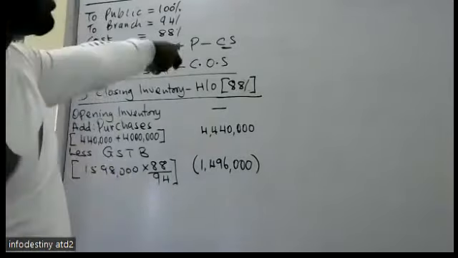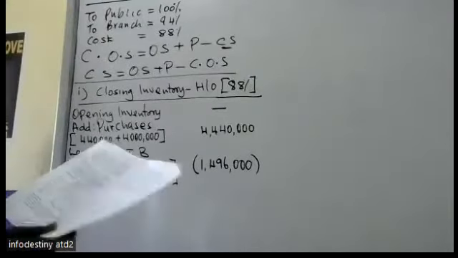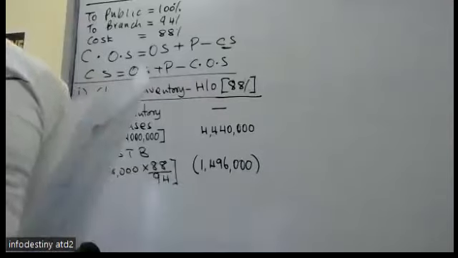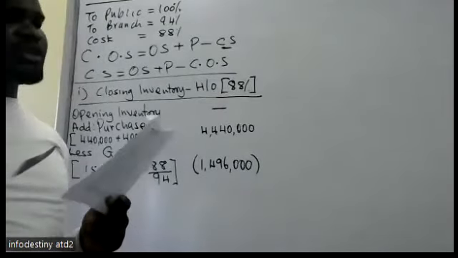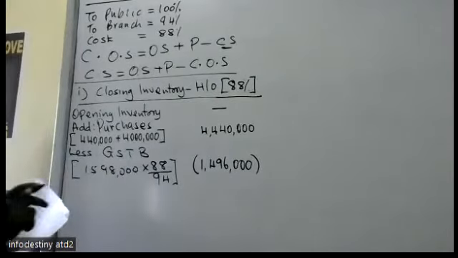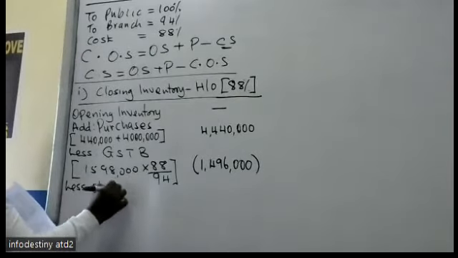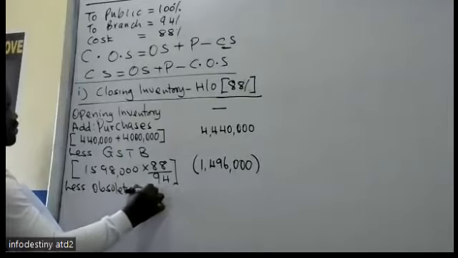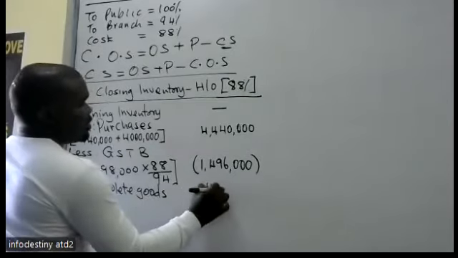Then again, before I bring cost of sales, check for me bullet 1 and bullet 2, those two dots. The first one, toys which cost head office 10 was considered what? Obsolete. So they will not be in the closing stock. So less obsolete goods. Obsolete goods is how much? 10.